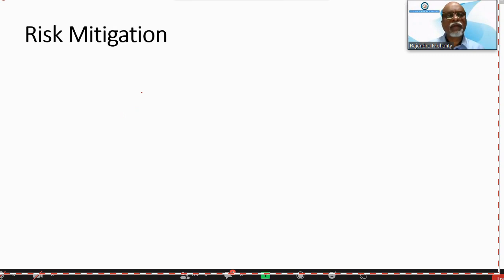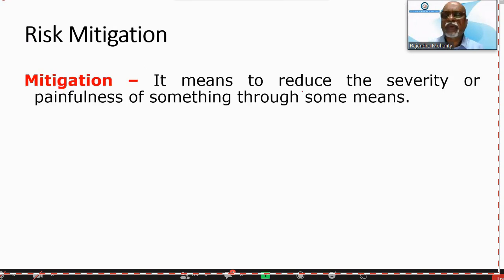Now, the last step of risk management is risk mitigation. Risk mitigation means to reduce the severity or the painfulness of something through some other means. Literally, mitigation means how to reduce the pain of something through some other means.